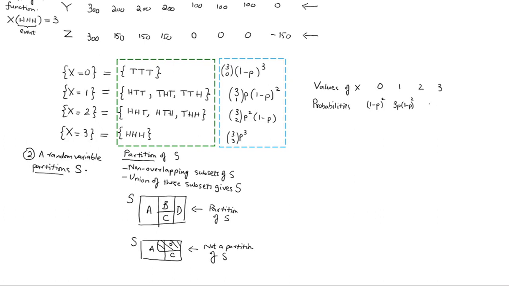Okay. What is the probability that it takes value 2? That's again 3 p square 1 minus p. And the probability that it takes the value 3 is just p cube. Okay, so this gives me a table.